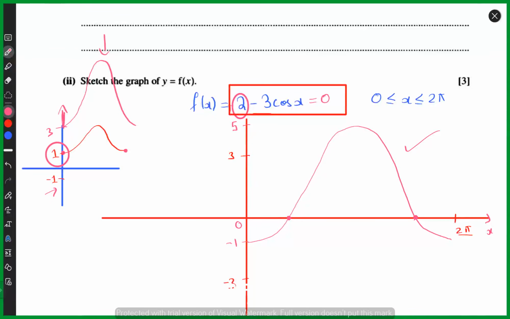If a question has 3 marks and you're using your calculator entirely, you would not get any mark except the answer mark. For this part specifically, you can do that because I've read the marking scheme and the examiner does not require the x-intercept. So if you want to be sure and solve this equation through calculator, you can do that. But if that thing had marks and you did not show the working, that would be wrong. Okay.